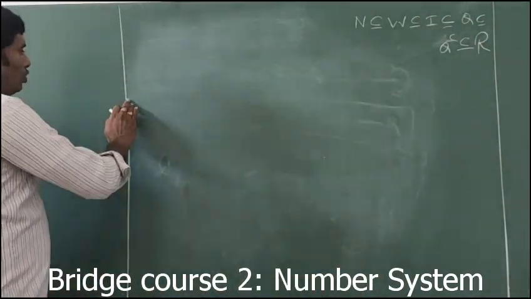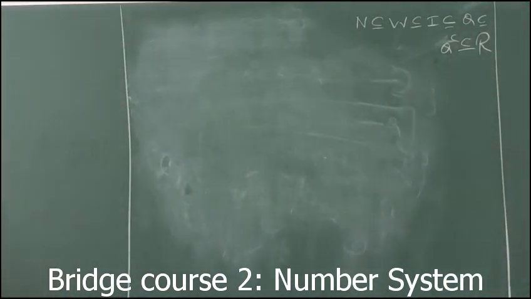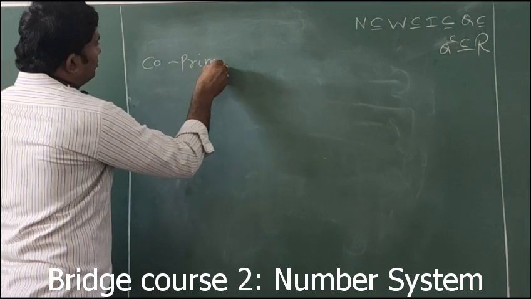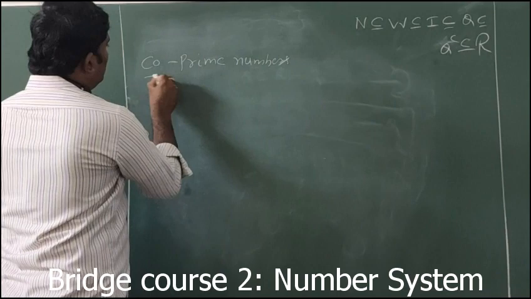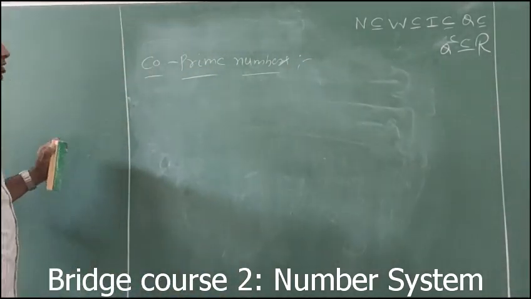Next, co-prime. Prime numbers are completed. Next definition, co-prime numbers. It's very simple.